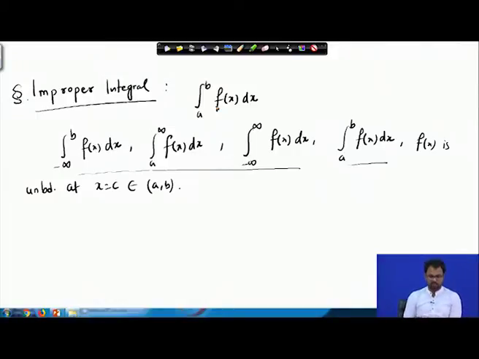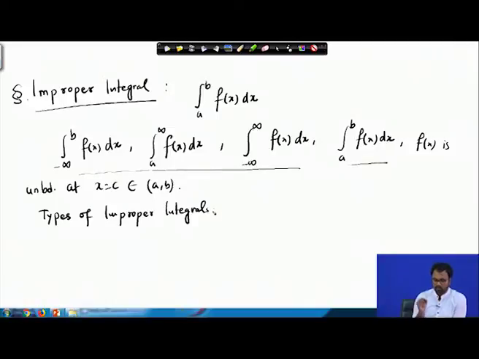So we can put this in a small statement. The small statement is types of improper integral. So when we say improper integral, what are their types, or what do we actually mean by them? The types of improper integrals are: the first type is when the interval increases without any limit.